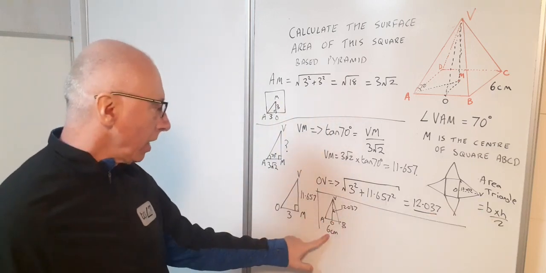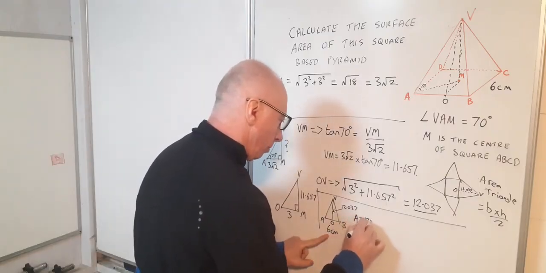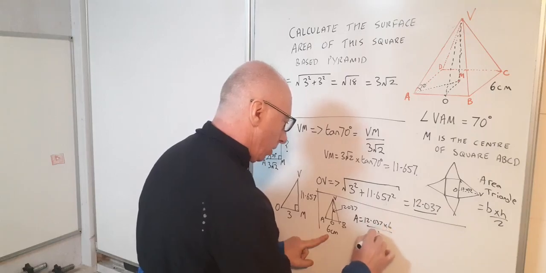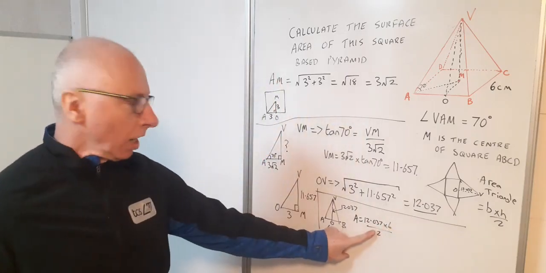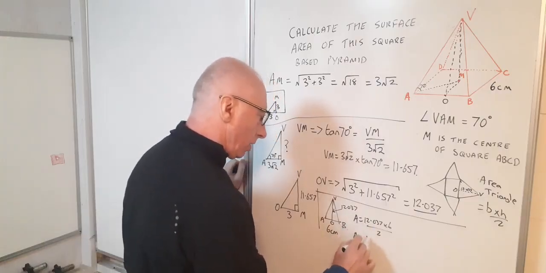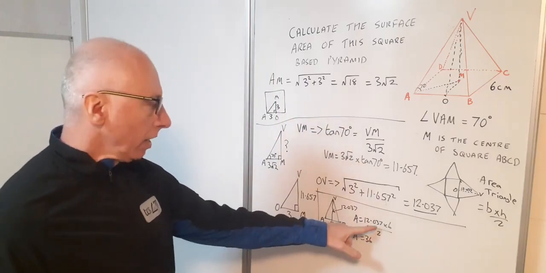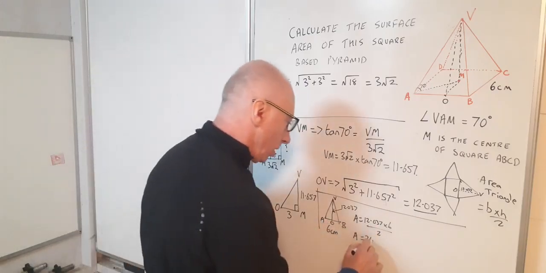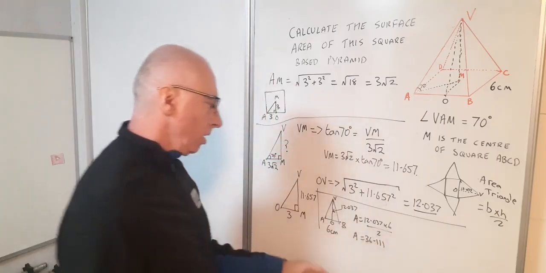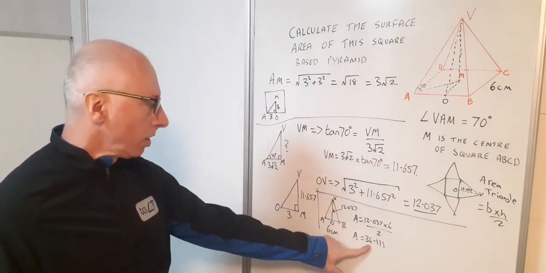So do that times that over 2. So we've got area equals 12.037 times 6 over 2. So then we can just times this by 3. So then our area is going to be 36. 3 37s, we can do that in our head. That's going to be 111. So that'll be 36.111. So that again, 3 decimal places, allowing for rounding errors.